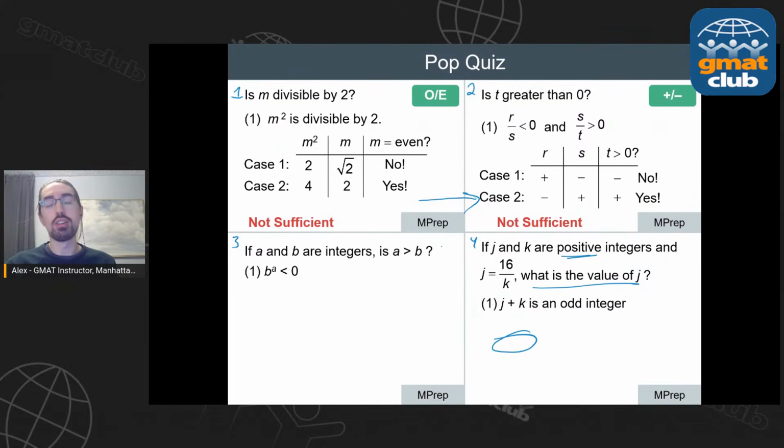That'll get you to the answer, but it'll get you there slowly. So knowing these number properties can help you answer questions, whether they're easy, whether they're hard.